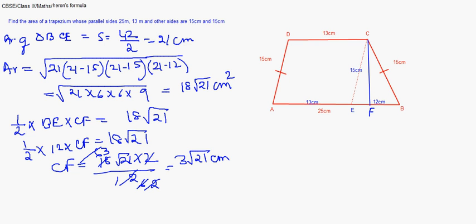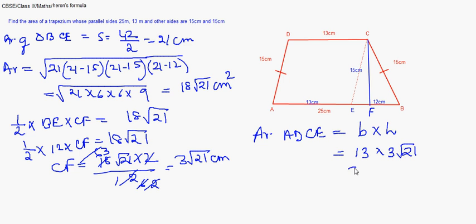We can now use this height to find the area of the parallelogram as well. Let us calculate the area of the parallelogram ADCE. We find the area of ADCE as base into height. Now the base we can take as 13 and the height we calculated as 3√21, that's giving us 39√21.